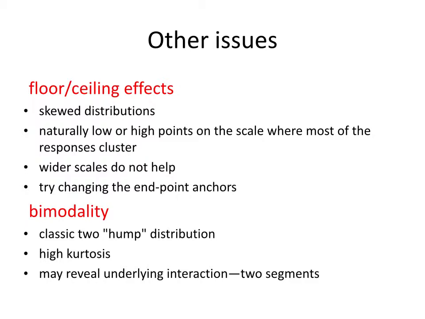And so what the researcher does when he finds this bimodality is try to understand it in terms of a category variable. Maybe it's men who are showing up on the low end and women who are showing up on the high end. Or maybe it's young people showing up on the low end and older people showing up on the high end.